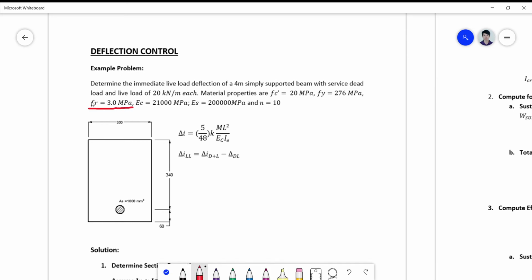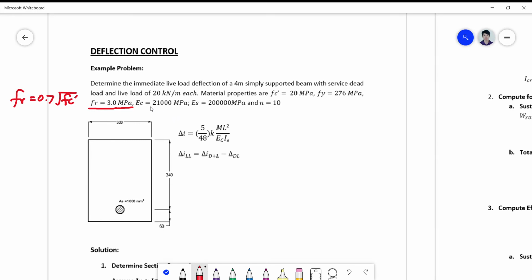But in case this is not given, we can use the formula Fr equals 0.7 square root of Fc prime to calculate for Fr. But since it is already given here in the problem, we don't have to compute it, okay?